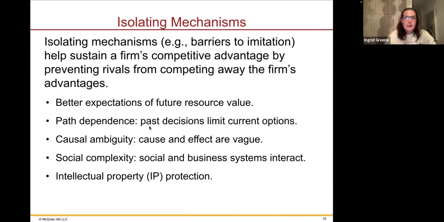The next thing is path dependence, where past decisions limit current options. The example that they give in the book is about Georgia and the carpet factories. One town in Georgia is responsible for like 80% of all the carpet that's produced in the United States.